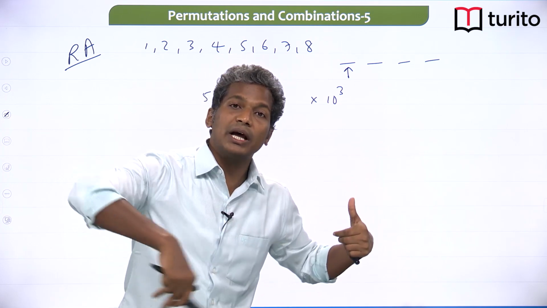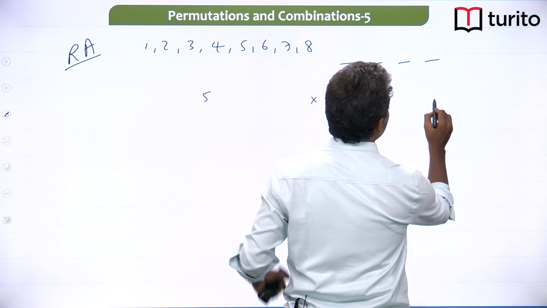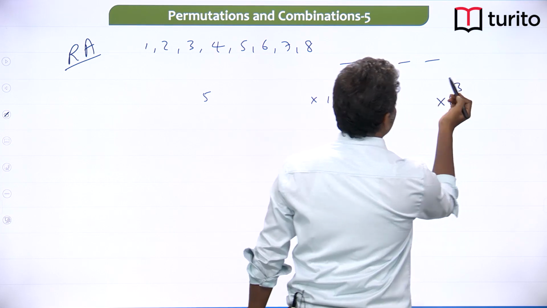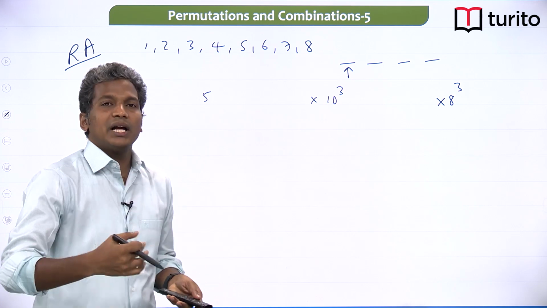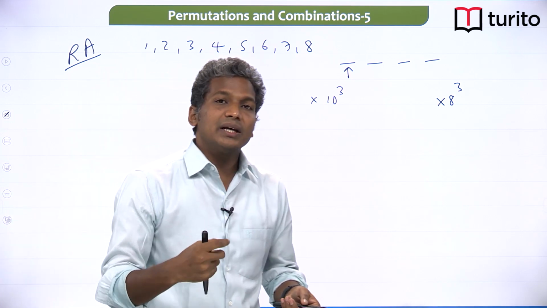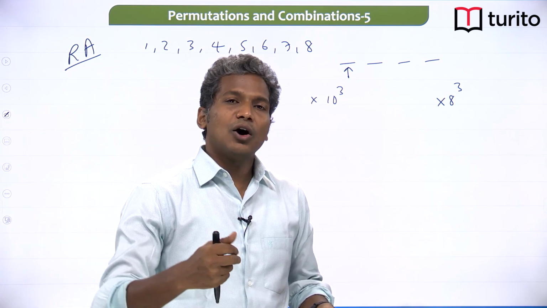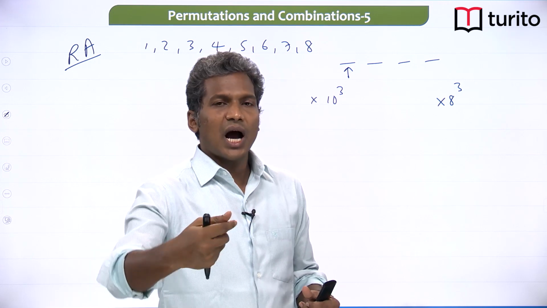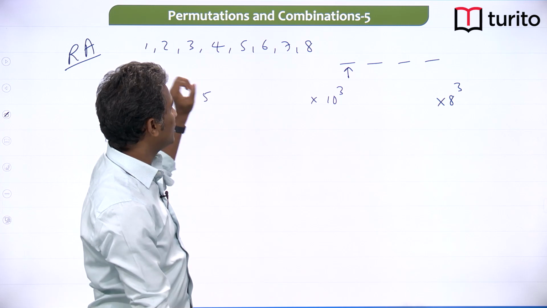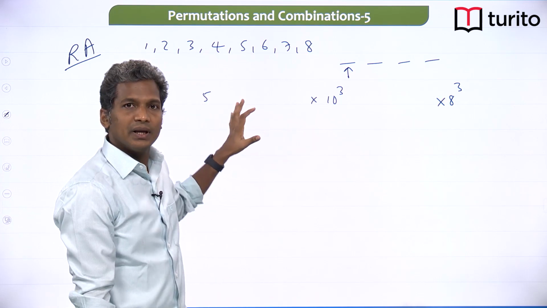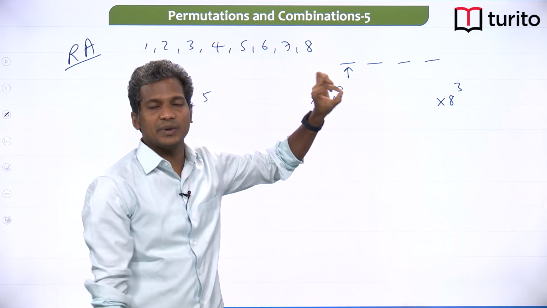So the overall value must be multiplied with 8 cube. I hope you have understood the logic here. If 5 is coming in the 1000 place, in however many numbers it comes, I am going to add all those values.